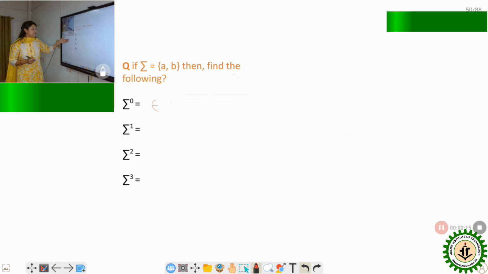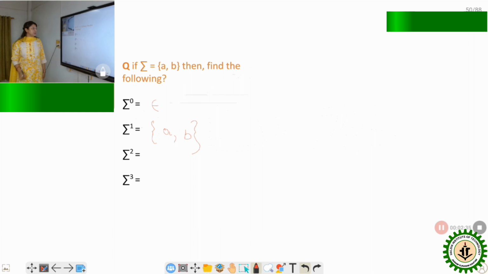And sigma to the power 1 means the set of input symbols of length 1, that is 0 and 1. Sorry, here it will be A and B.